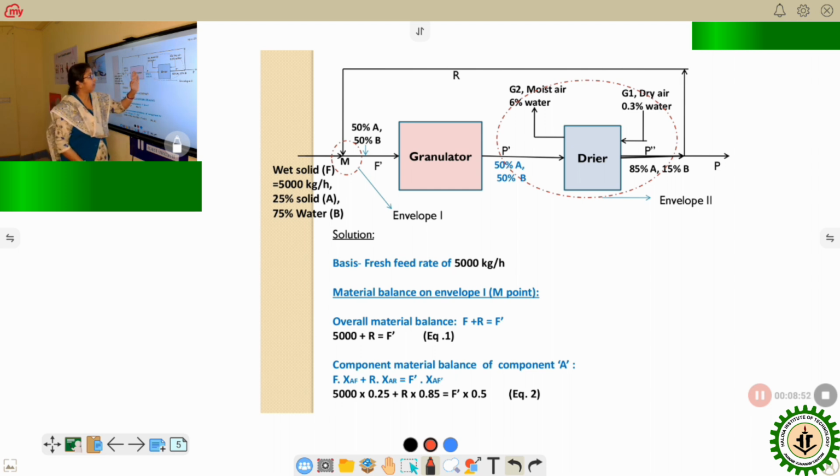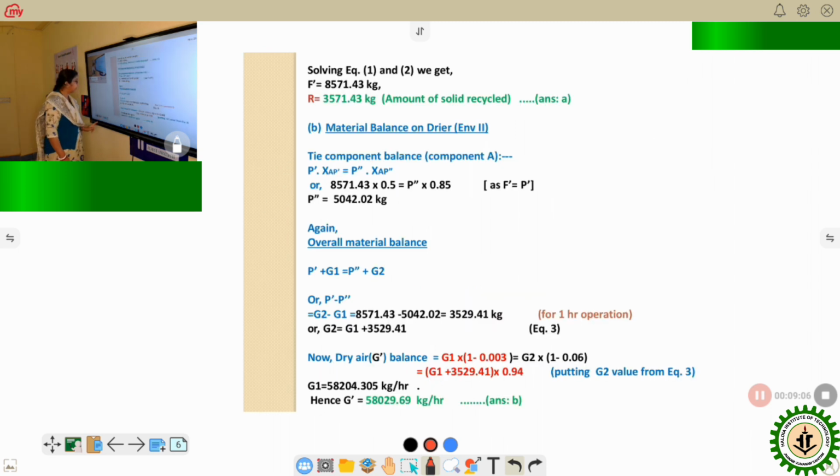And P dash, as I already said, when it is converted into P double dash, that means after removal of moisture, the solid composition changes from 50% to 85%. So now, doing the material balance on the dryer, focusing on envelope 2, we take the tie component, which is basically the solid.